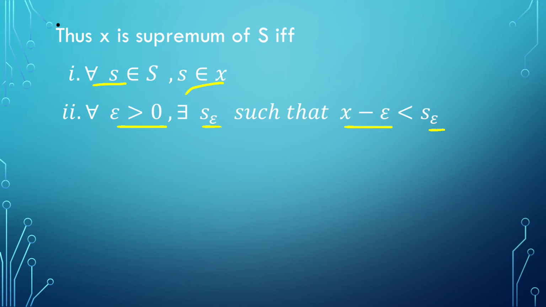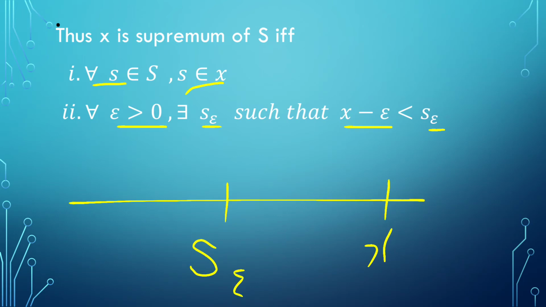So this is what we mean. If you have a line like this, and this is our x, and this is an s which depends on epsilon, then you'll find that this will be x minus epsilon, so it will be smaller.